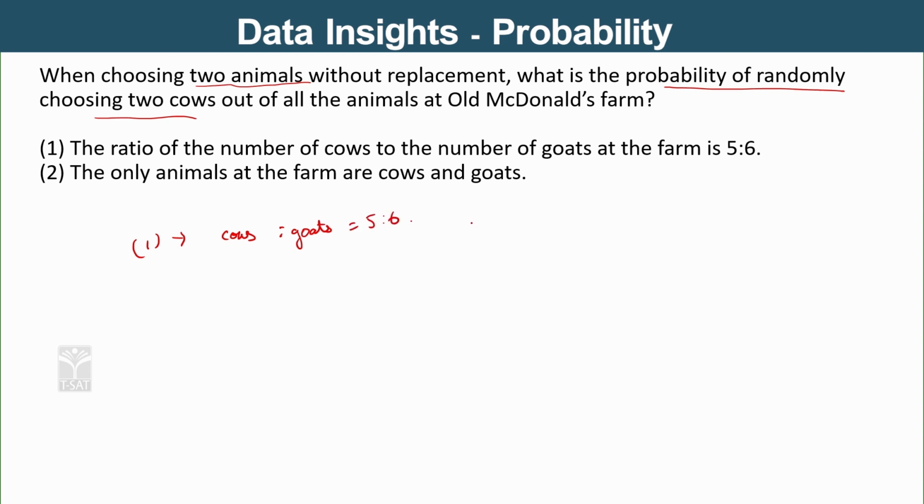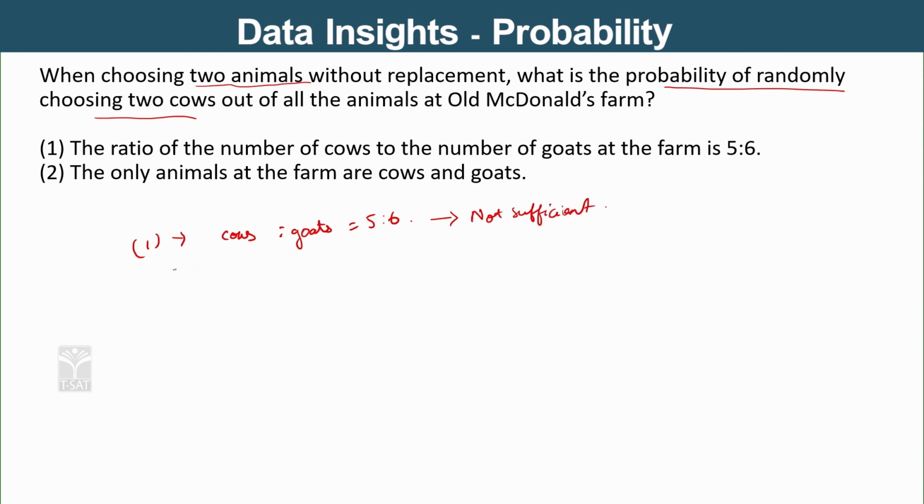Except for this we have no information. So, we do not know if there are more animals other than cows and goats, and we also do not know the exact number of cows to calculate the probability of randomly choosing 2 cows. So, this information is not sufficient.